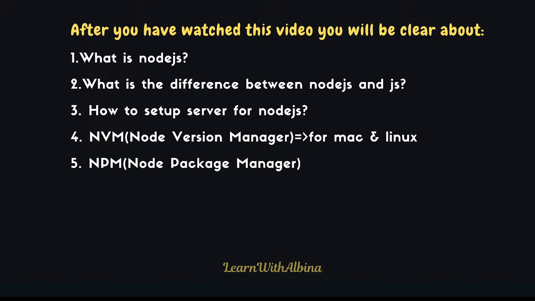But with Node.js, we can use JavaScript to make both front end and back end. What Node.js has done is give wings to JavaScript. What kind of wings? Wings to communicate with both front end and back end.